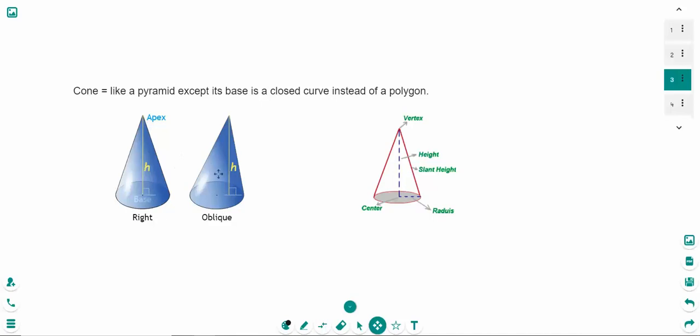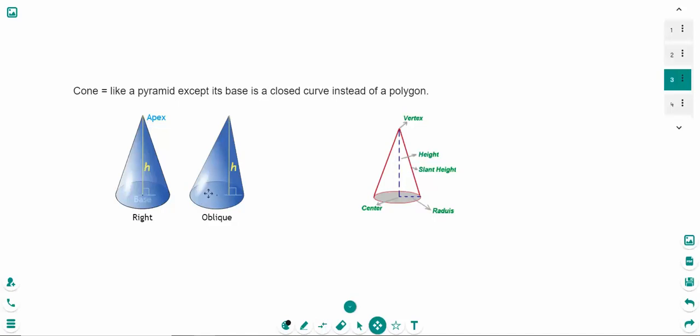Now, just like the pyramid, we can have a right cone, which just means it's going straight up. The apex, or the peak of the cone, is directly above the center of the base. It's going straight up, not leaning. And then you have the oblique cone, which just means that it's offset, that apex is not on the center of the base.